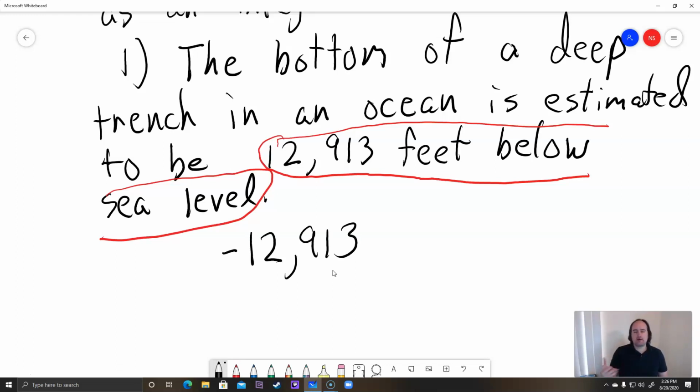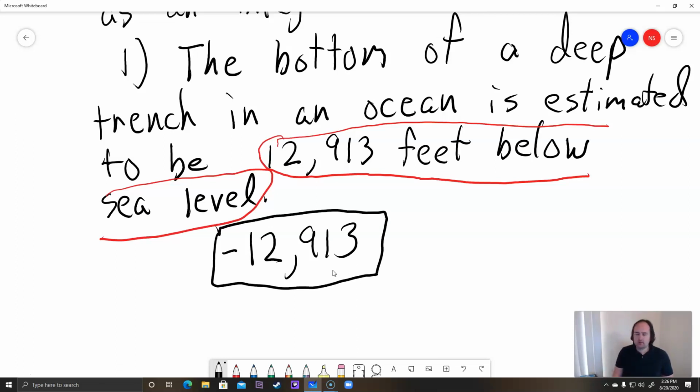Now if it had said 12,913 above sea level, well, above 0 is positive, so we would have written positive 12,913. But because it says below sea level, we write negative. So negative 12,913 is our answer.